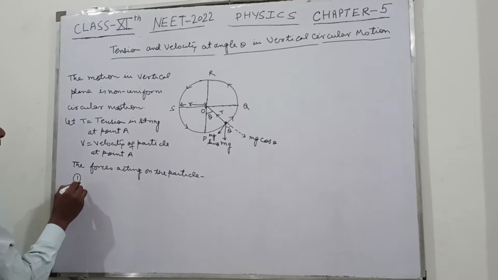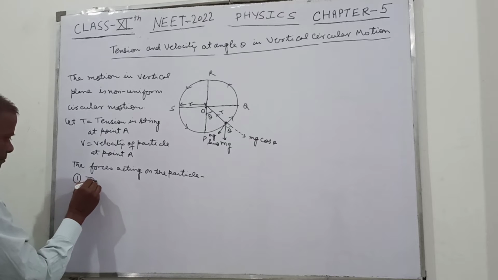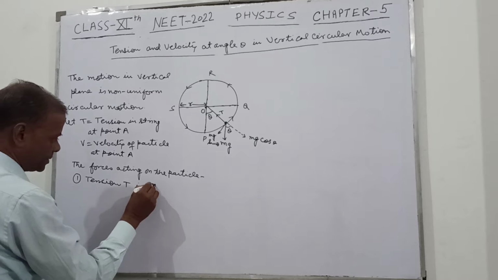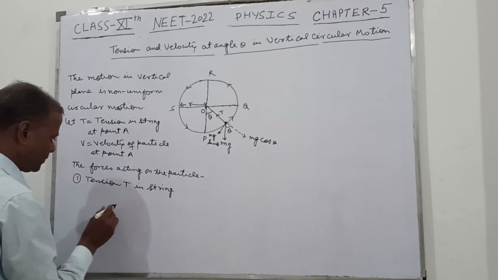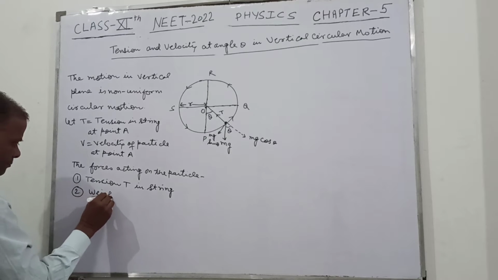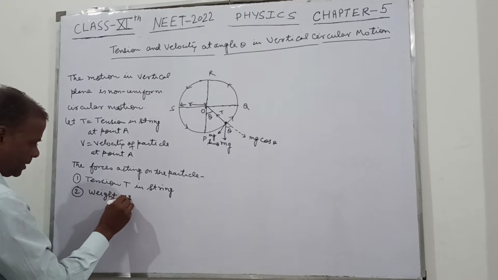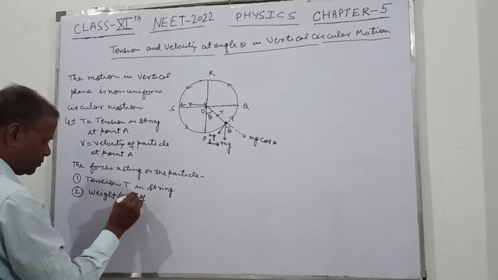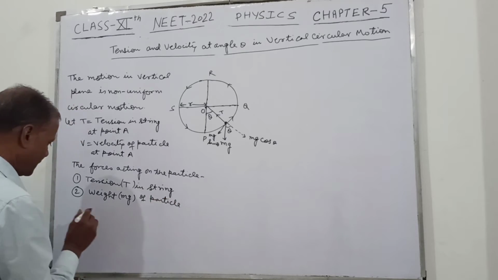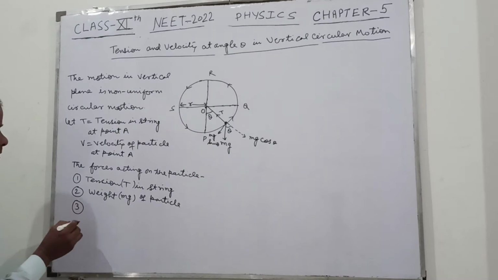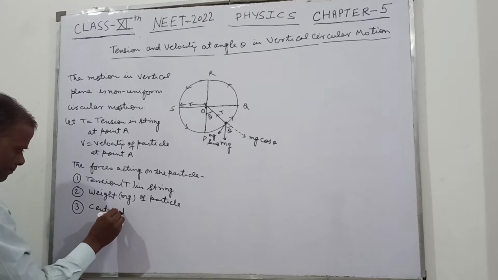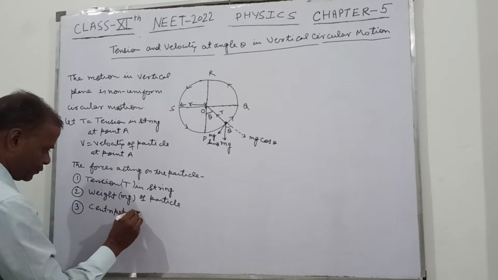Number one, the tension T in the string, number two, weight mg of particle, and three, the centripetal force.